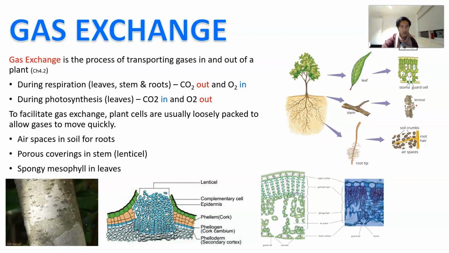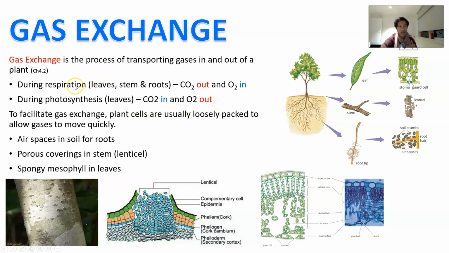Now, during respiration, which occurs in the leaves, the stems, and the roots, basically every part of the plant needs to respire. We should see gas exchange push CO2 out of the plant and oxygen into the plant, okay? Whereas during photosynthesis, which only happens in the leaves and the stem parts that are green, you would see carbon dioxide go into the plant and oxygen go out of the plant, okay?